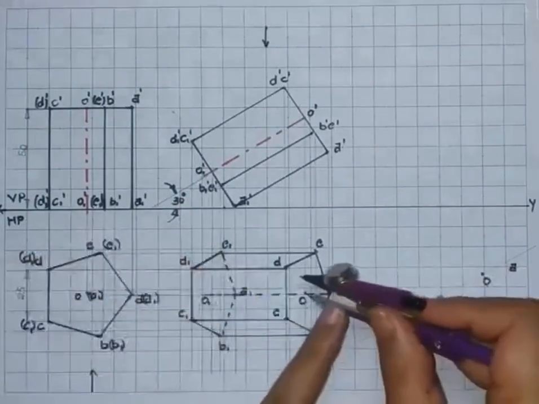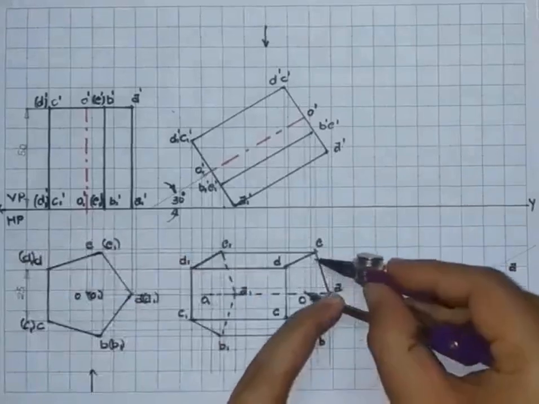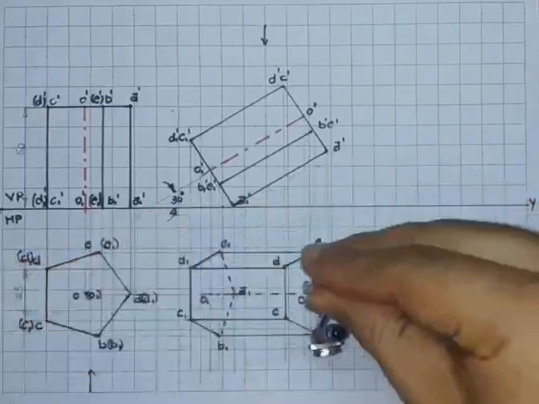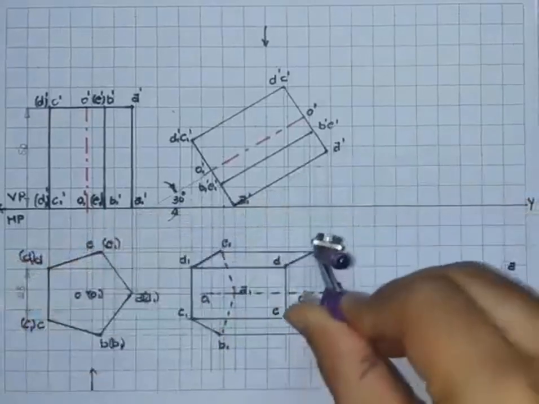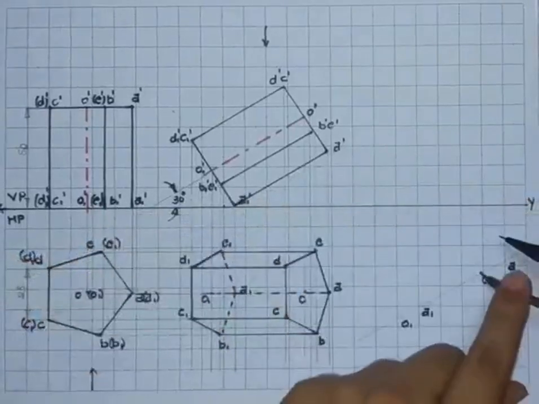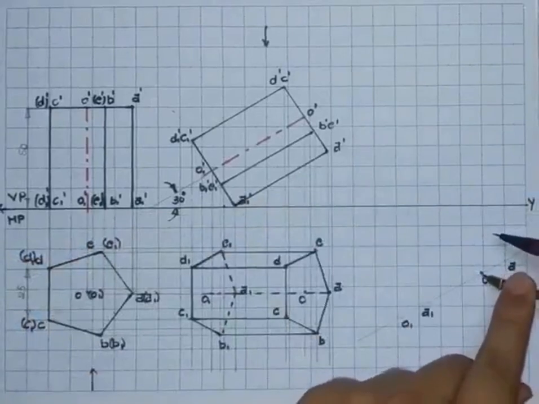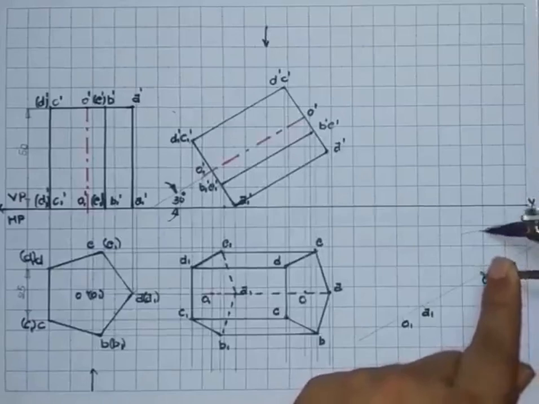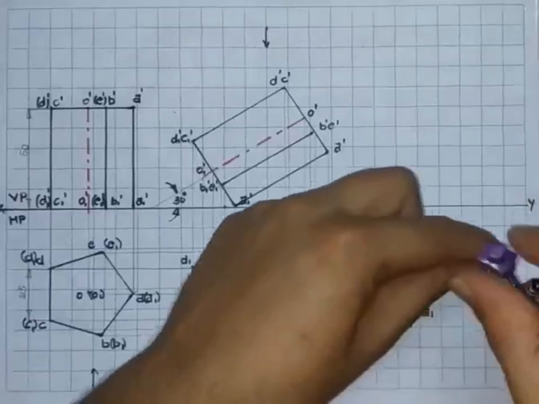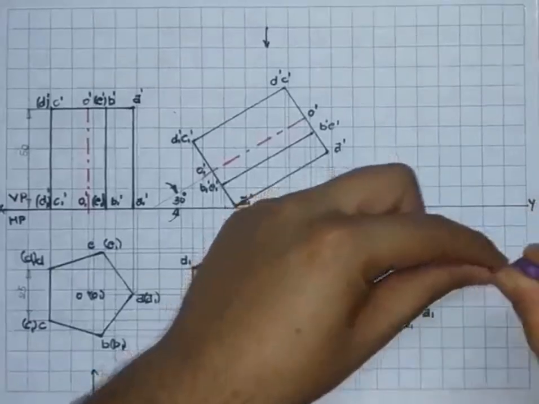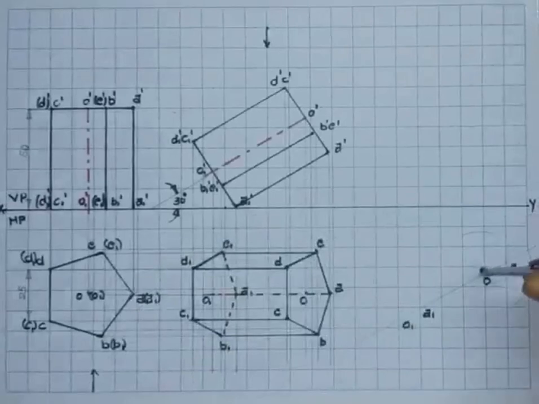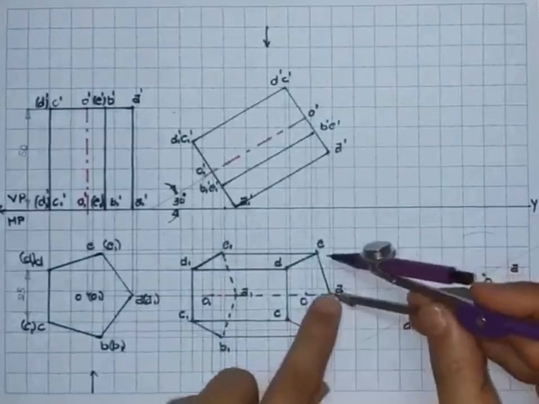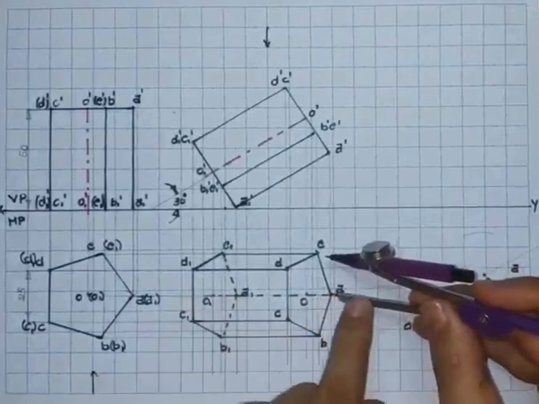I am going to take the reference of O2E and O2B. Both will be at the same length, O2E and O2B. So I am going to cut an arc from O2E and O2B, and then I am going to take a reference of E. Either you can take a reference of A or O1, any point.